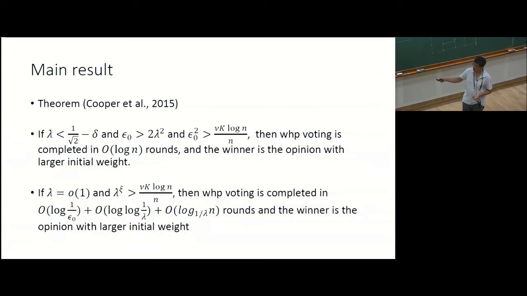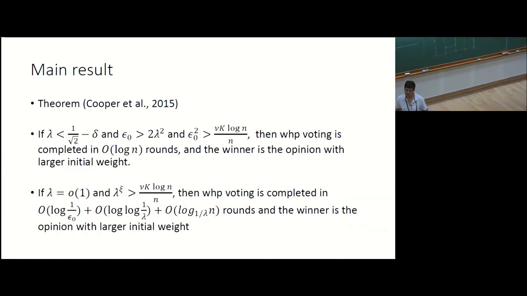And so this result is useful on expanders with not too much variability, and on power law type graphs, you in fact have even faster consensus of log 1 over lambda. And again, the opinion with larger weight wins. Both are with high probability.